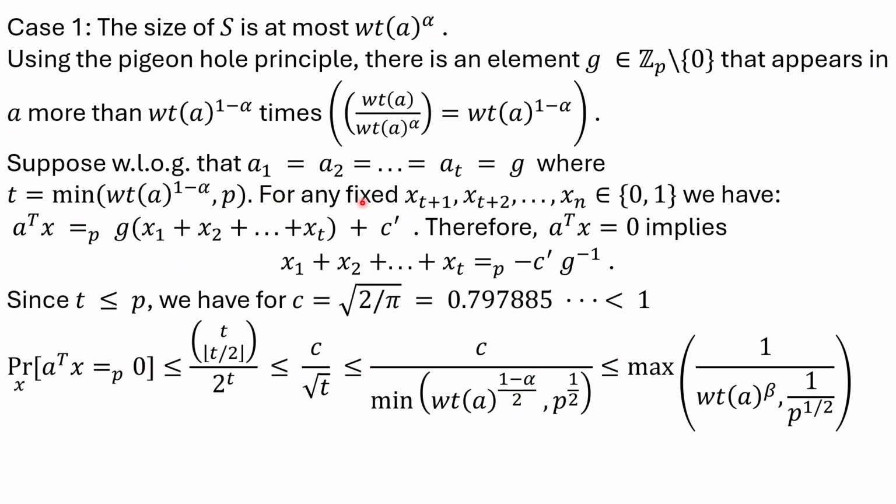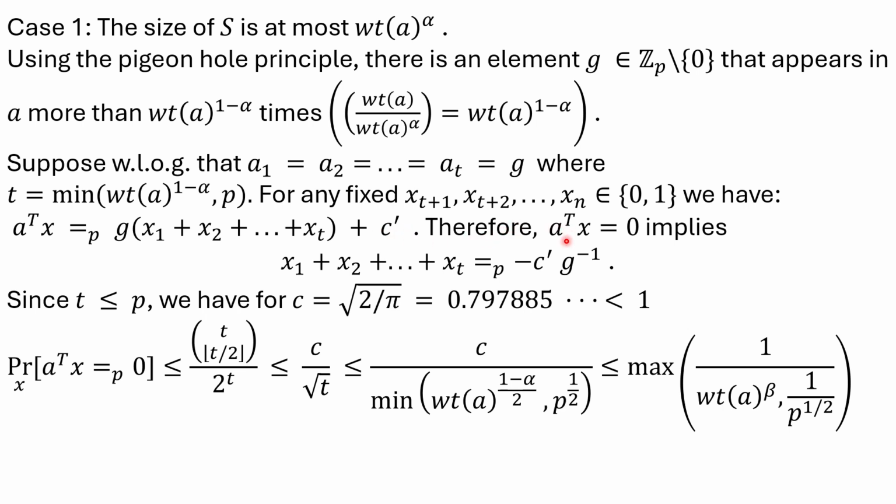For any fixed x_{t+1} until x_n, we have A transpose x equals g multiplied by (x1 plus x2 plus until xt), because we multiply a1 by x1, a2 by x2, and each of the a's until at are g, plus c for some constant c.